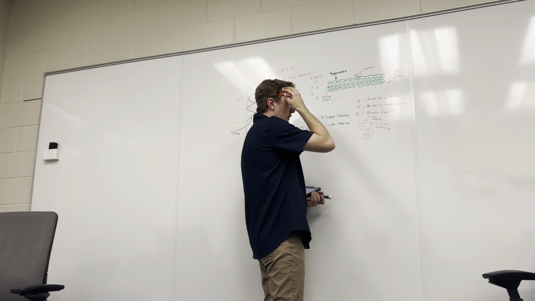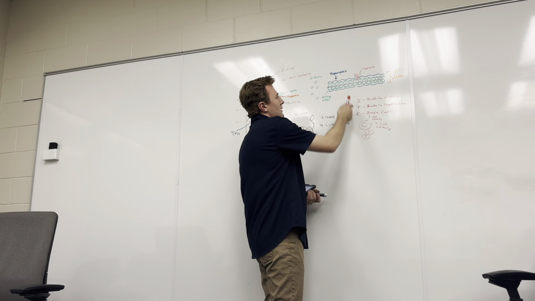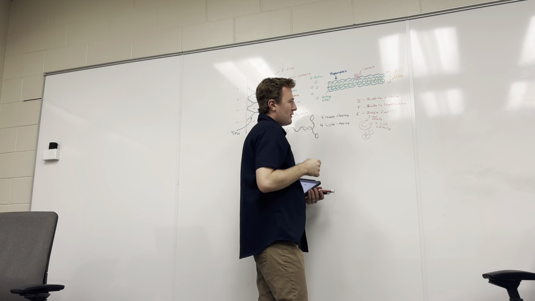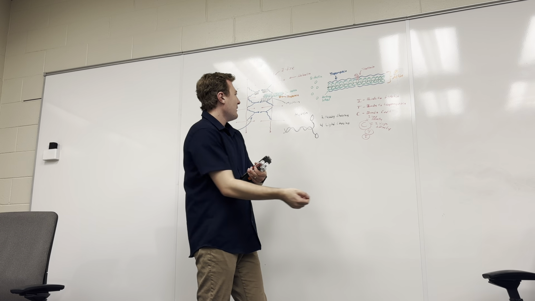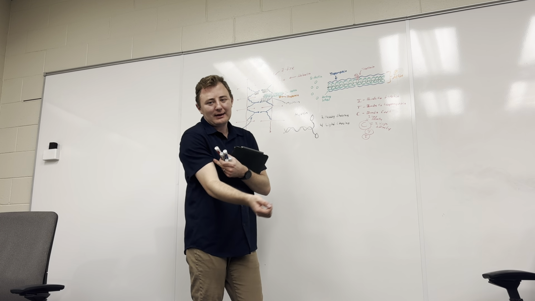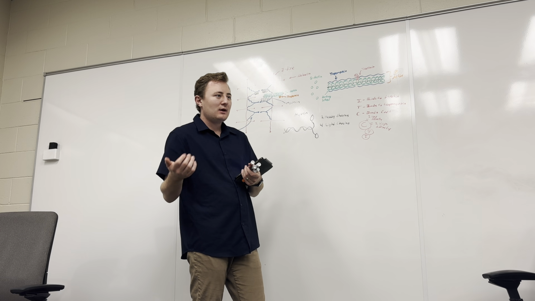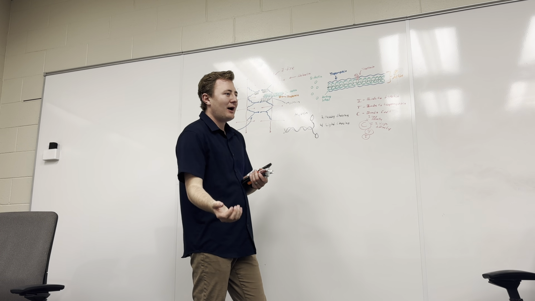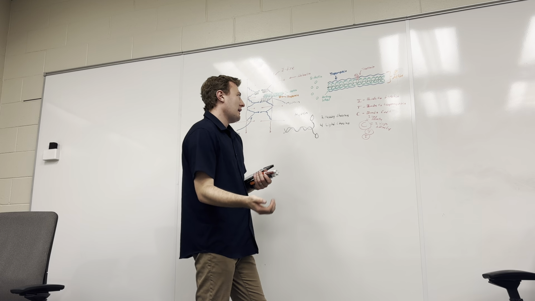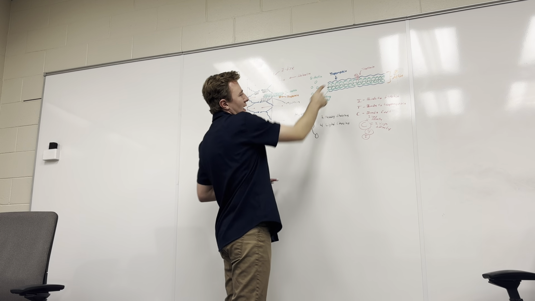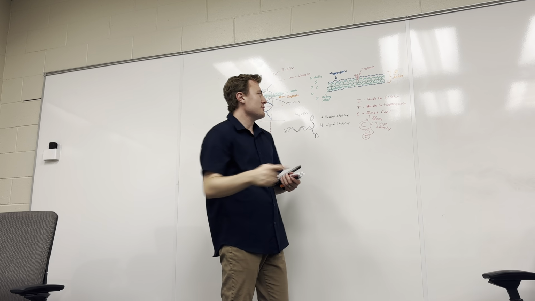So what troponin does is when calcium is bound, it moves the tropomyosin out of the way so that we can get our myosin binding to actin. So tropomyosin is kind of like the inhibitor of contraction, not allowing us to do that. But once we get calcium bound, we can get myosin binding to these active sites, and we can get that contraction to happen.